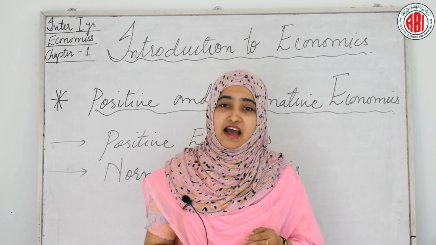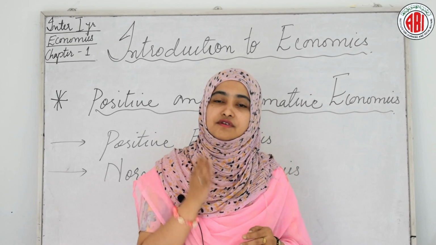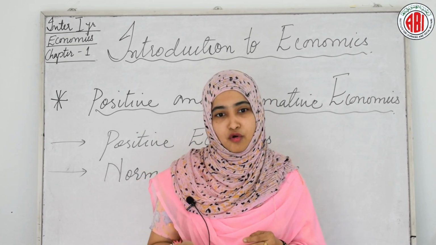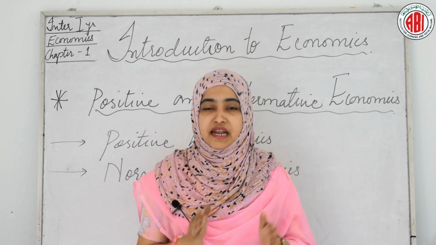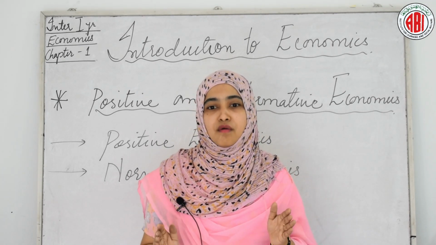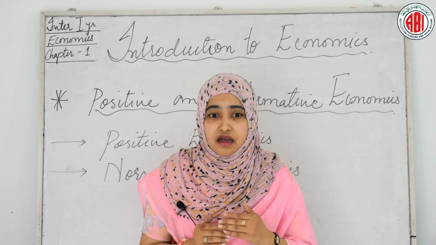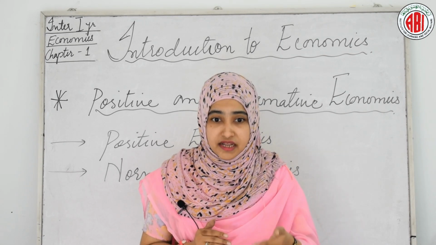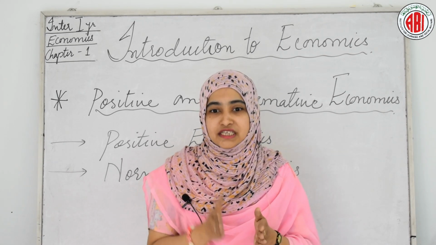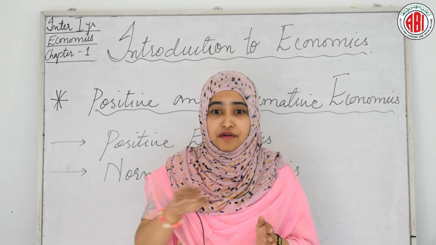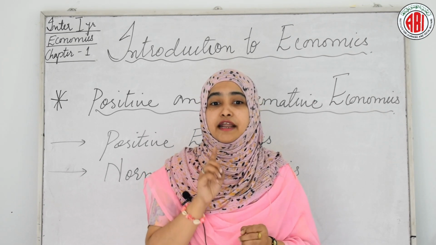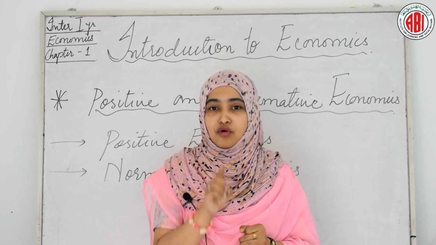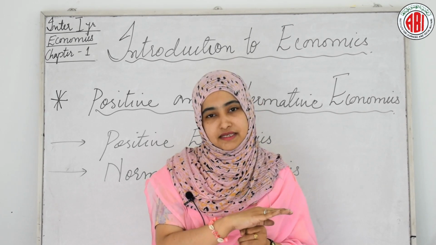After all these discussions of positive and normative economics, the conclusions of positive economics are relevant to normative problems to decide what ought to be done. Though positive economics is free from value judgments, normative economics cannot be independent of positive economics.